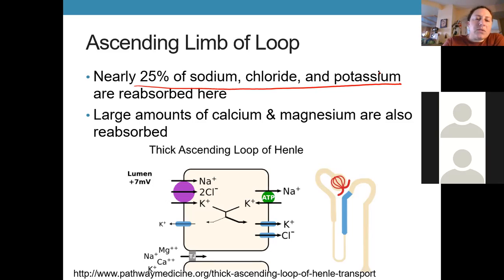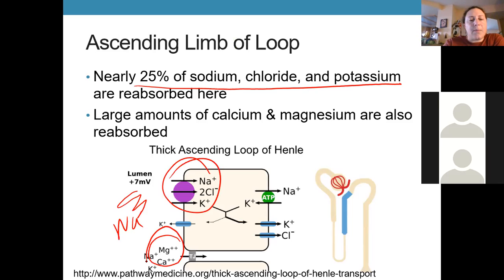So again, we're using our sodium pumps as our primary mechanism, and we're pumping sodium out of the lumen, and we're getting chloride and potassium, as well as calcium and magnesium by all these various mechanisms. And then the blood vessels are right here, so the reabsorption gets it all back into the blood.